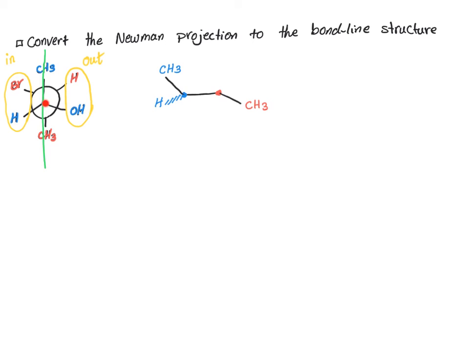To the same carbon, I have OH attached, which is coming out of the plane of the page, and I can use a wedge bond to show this. To the back carbon, I have bromine attached, which is going into the plane of the page.